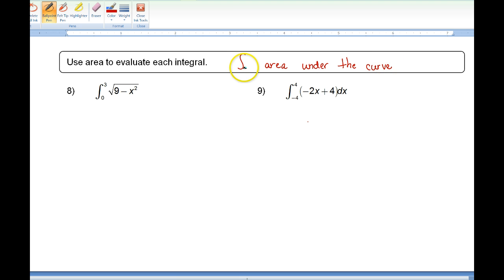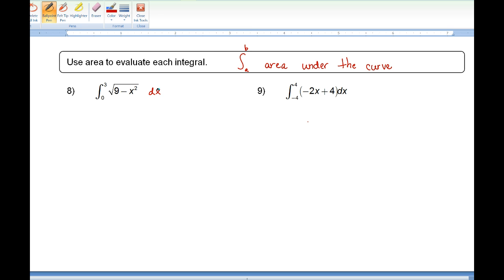Now you have bounds. So normally we would have like A to B. This is your lower bound, this is your upper bound. Oh, and I just realized there's a typo here. There should be a dx. The dx goes along with the integral sign.